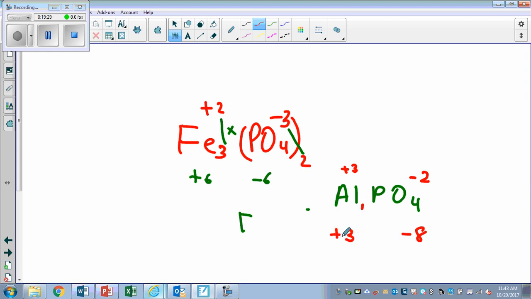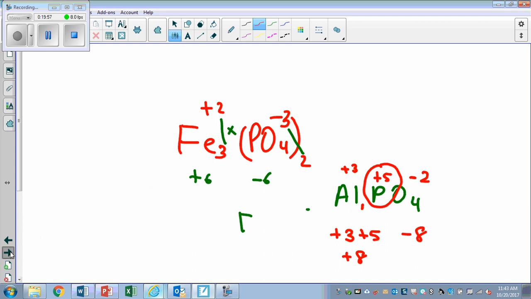So I need to make sure that they are all equal. That means the phosphorus is plus 5, because plus 5 will make it plus 8. That's what I need to get it neutral. So the oxidation state for phosphorus here is plus 5. So you need to know how to calculate the oxidation states. But you also, as I said, need to know that we do use Roman numerals for transition metals.